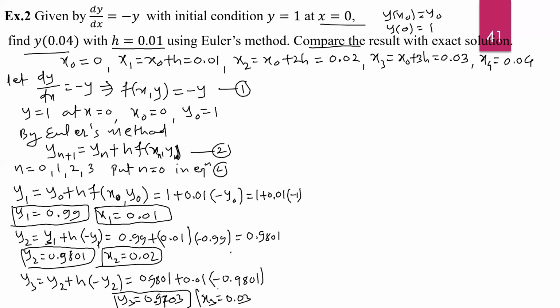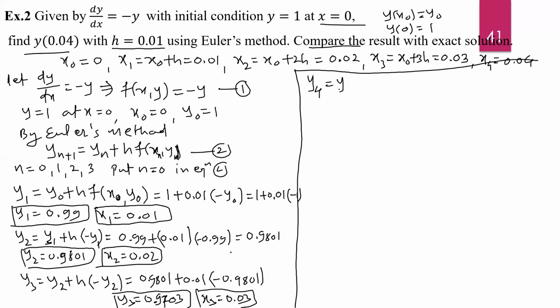x3 is, adding here the h distance, 0.03. Okay, now the last iteration. The last iteration is to put n equal to 3 in equation number 2. So y4 is equal to y3 plus h, and the function at x3, y3 means minus y suffix 3.